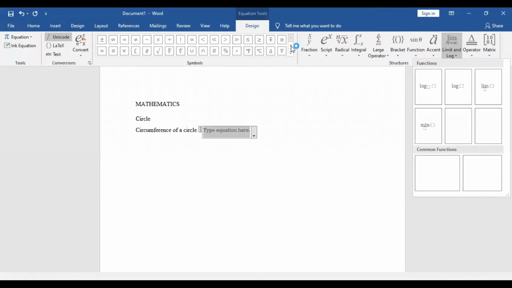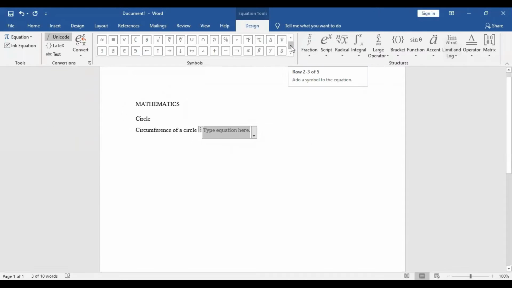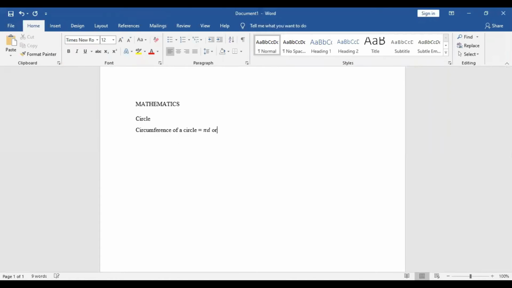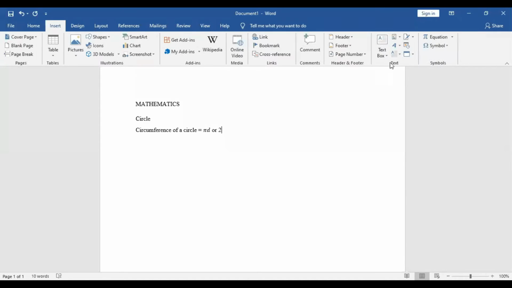Pi r square. So we have pi d or 2 pi r for circumference, and pi r square for area. And you know that circumference is also the perimeter when you're finding the perimeter of a circle, right?